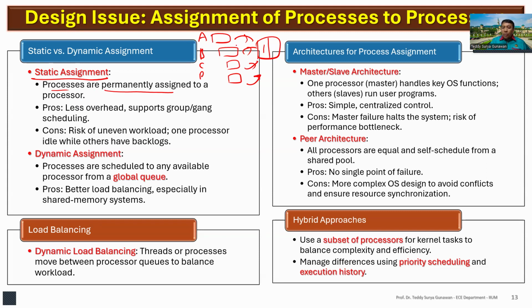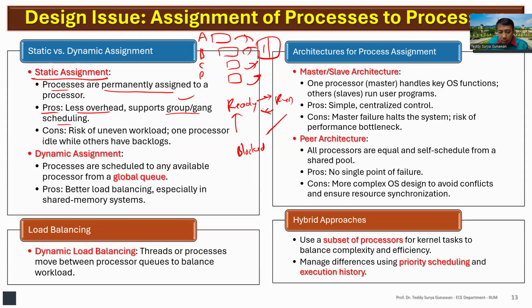It matters when you do IO, because remember when you do IO, the process goes from ready to run, and when it does IO, it will be blocked because IO is slow. The benefit is less overhead, and it supports group or gang scheduling.